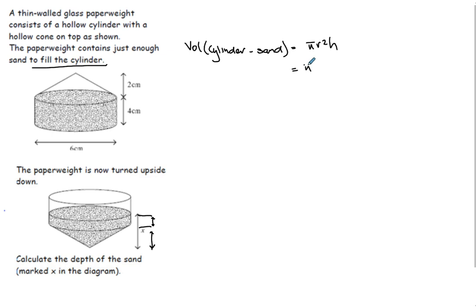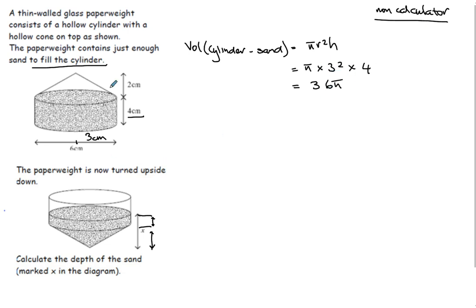So you've got pi times the radius, 3 centimeters, 3 squared, times the height, which is 4. That will give you 36 pi. Let's assume this is a non-calculator question, so we will just leave it in terms of pi. 3 squared is 9, times 4 is 36.